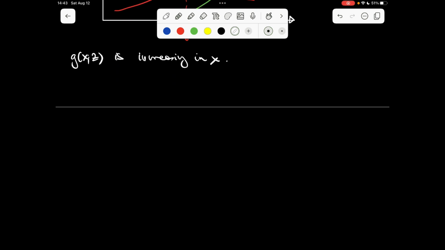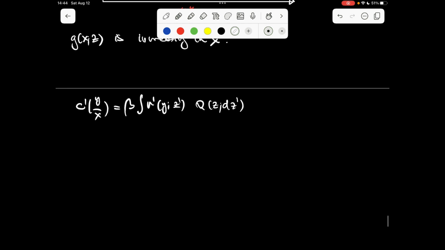Let's use the first order condition. This is the first order condition, and okay, the probability measure, and let's put the optimum policy into the first order condition.